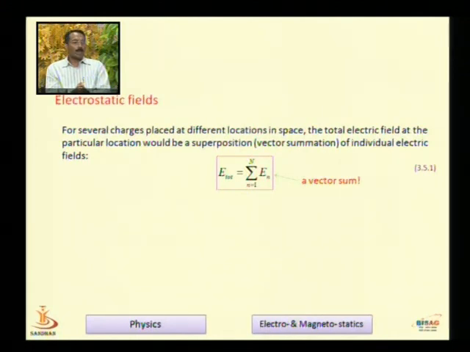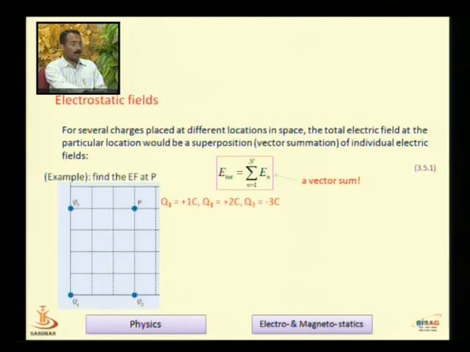Suppose you have n different charges distributed in space and you want to find the total electric field. You can write down a sum. This sum is not a simple sum, but it is a vector sum.